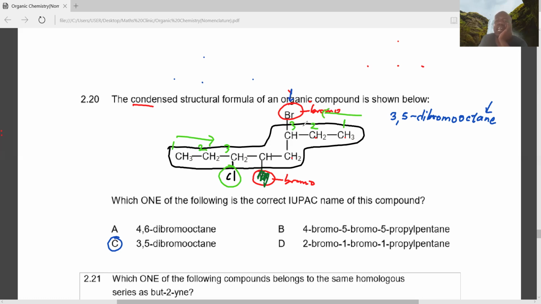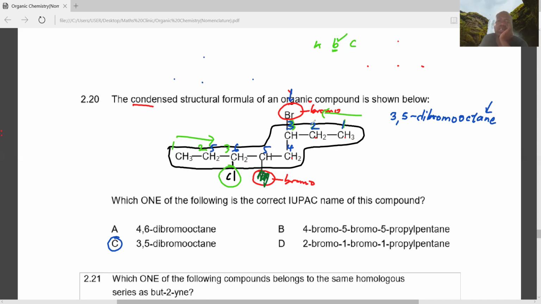Obviously, the alphabetical order. Which one comes first alphabetically between bromo and chloro? Remember, it's A, B, C. So bromo comes first before chloro, right? So we're still going to move from right to left. We give priority to bromine over chlorine. I believe you are following.